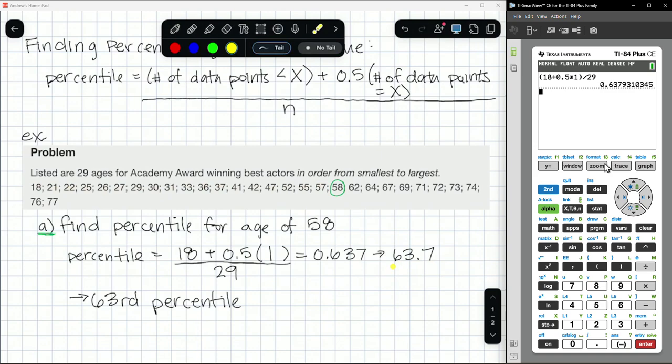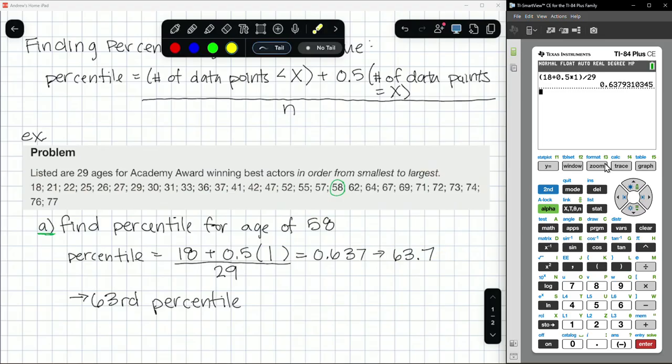So 63.7% of the data in this data set is less than or equal to 58. If I round this up to 64, I'm no longer guaranteed that 64% of the data is less than or equal to me. That percentile was calculated very specifically, so I shouldn't ever round these up.